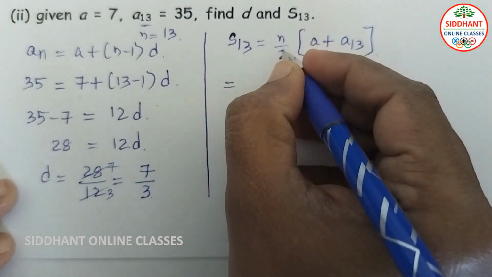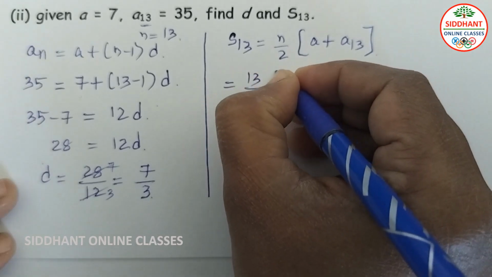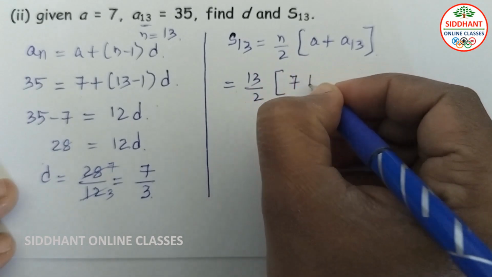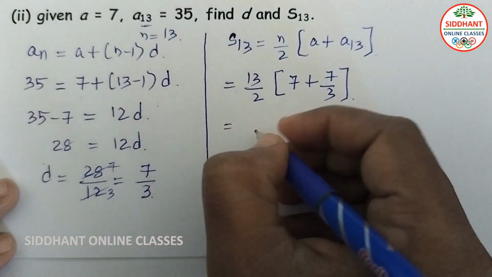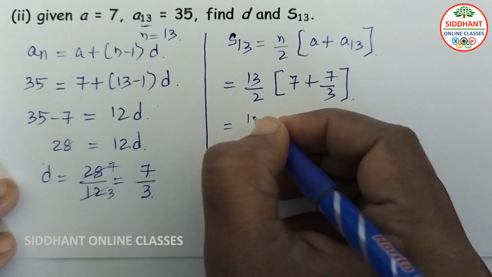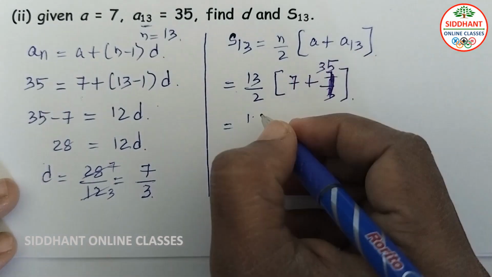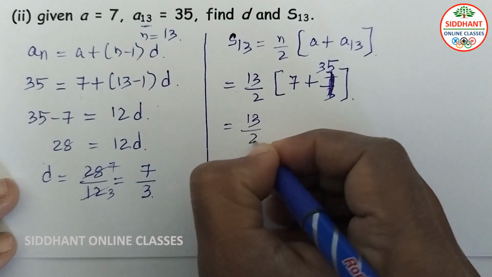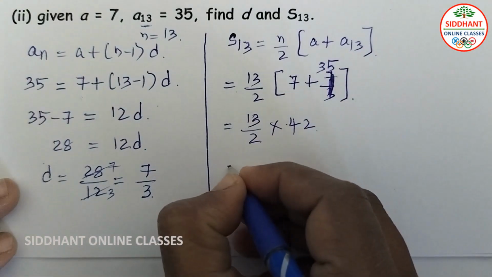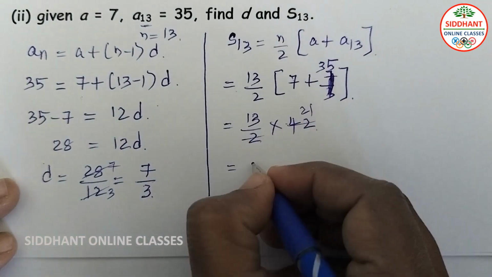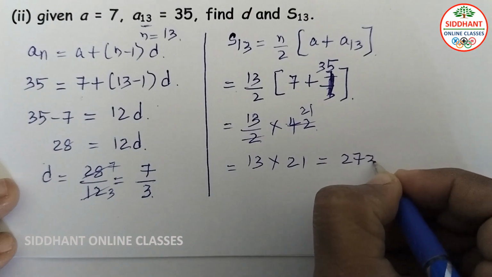Now S13 equals n, which is 13, by 2 into a, which is 7, plus a13, which is 35. So 13 by 2 into 7 plus 35, which is 42, that equals 13 into 21, so that equals 273.